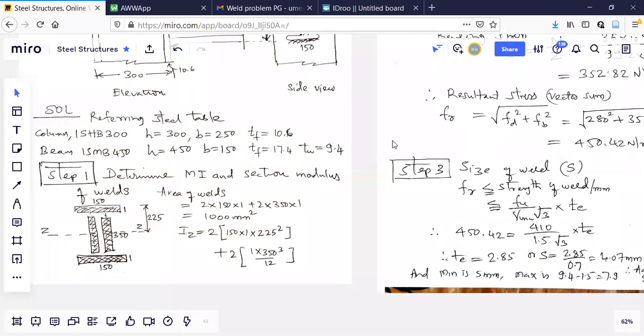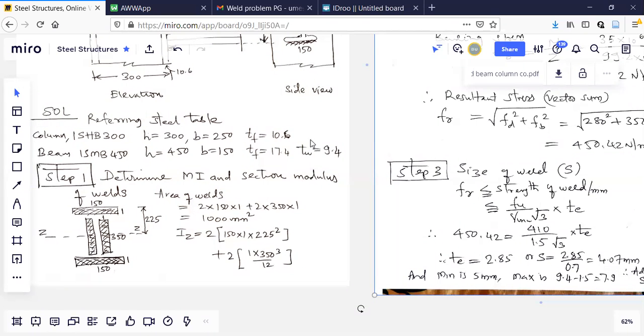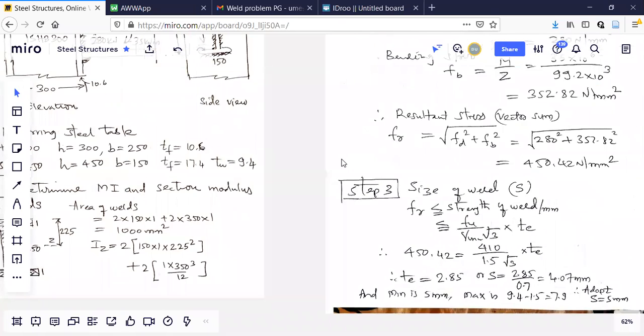If there is any doubt, you ask here. So I'll go to the next page. I'm getting disconnected every now and then here.